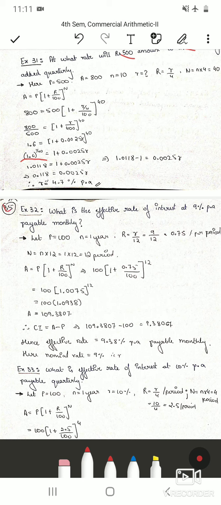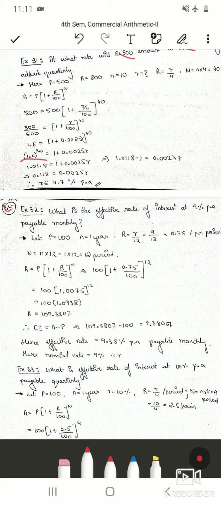So the next problem is, what is the effective rate of interest at 9% per annum payable monthly? So here they have not given the principal amount, they have not given small n, that is the period, they have not given the amount, they have just mentioned the rate of interest, and you have to find the effective rate of interest, and it is compounded monthly.